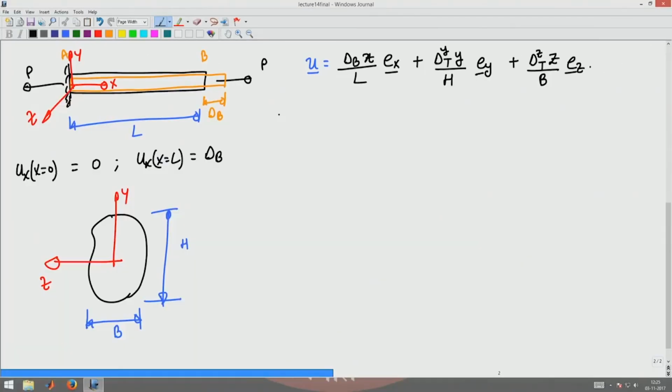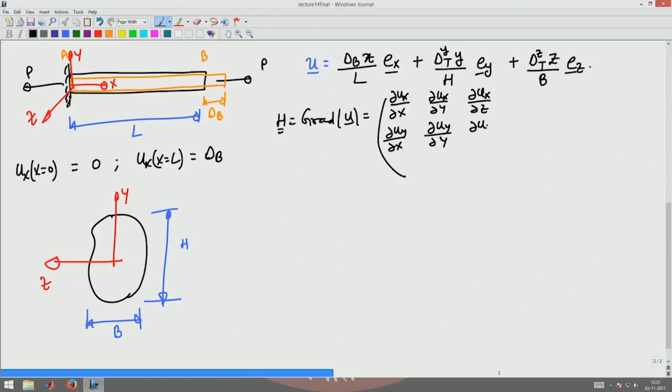Now, I have to compute the gradient of the displacement field H, which is gradient of u, which you know is dou ux by dou x, dou ux by dou y, dou ux by dou z, dou uy by dou x, dou uy by dou y, dou uy by dou z, dou uz by dou x, dou uz by dou y, dou uz by dou z.